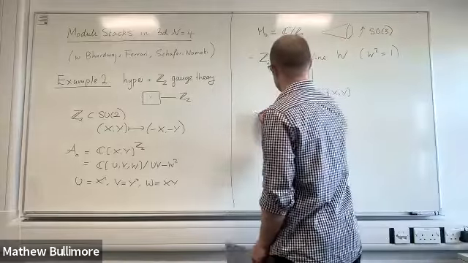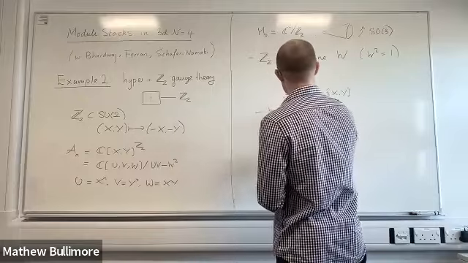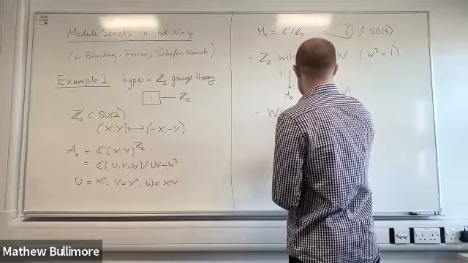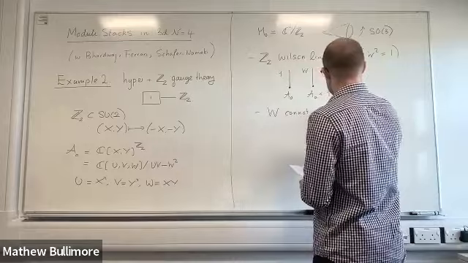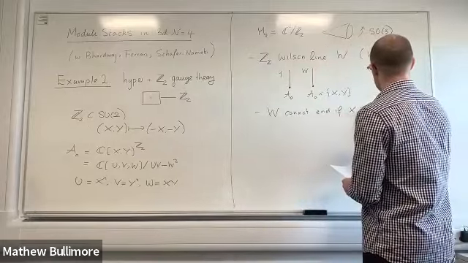So what happens? Well, the first thing to say is that the Wilson line W can't end if I set X and Y to 0.